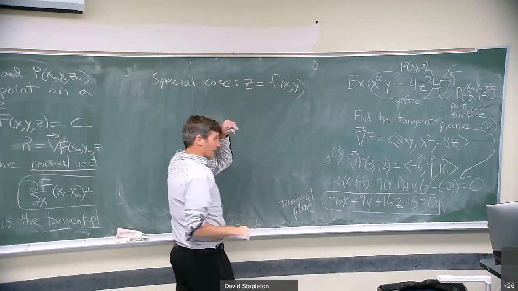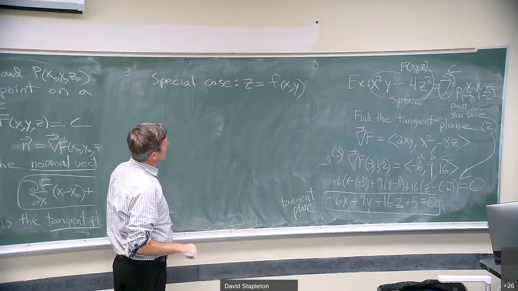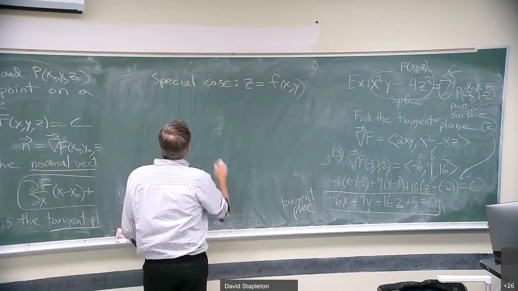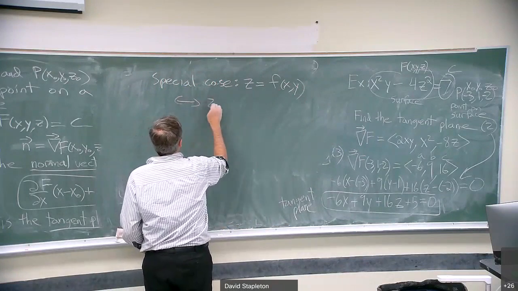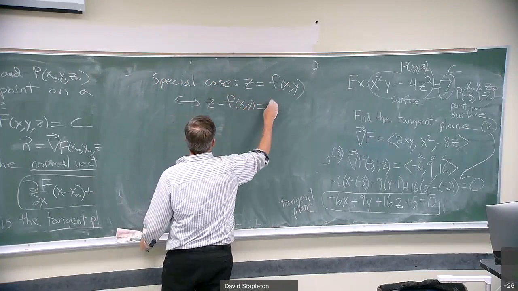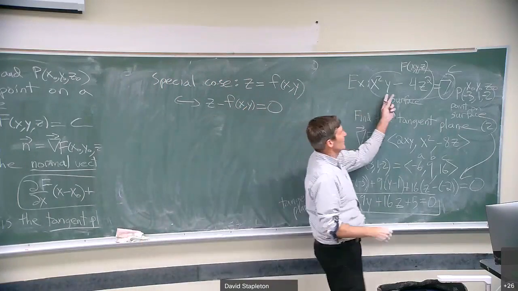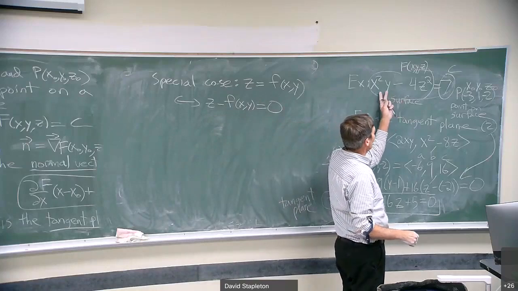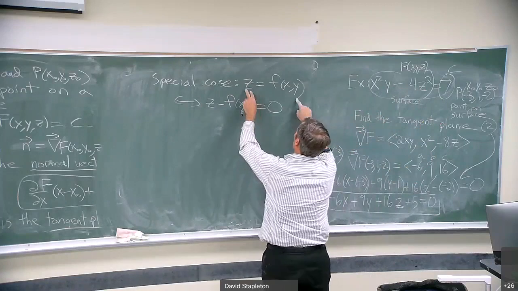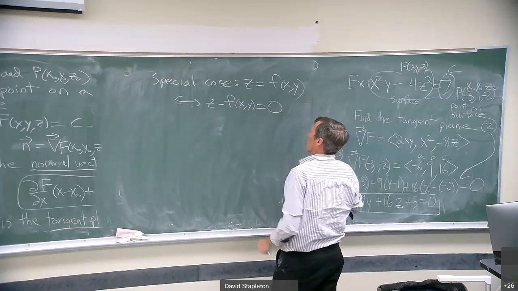Now, how do we find the tangent plane when it's given in this form? Well, obviously, we can put it in that form, right? So we just rewrite it equivalently as z minus f of x, y equals 0. This is a little f on this one. So they're using a capital F when the surface is defined by capital F equals a constant.